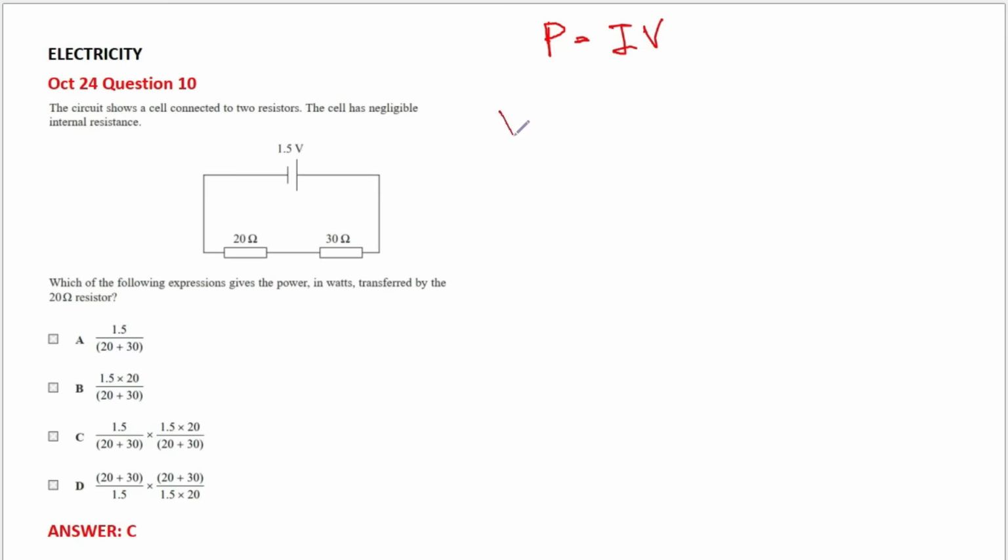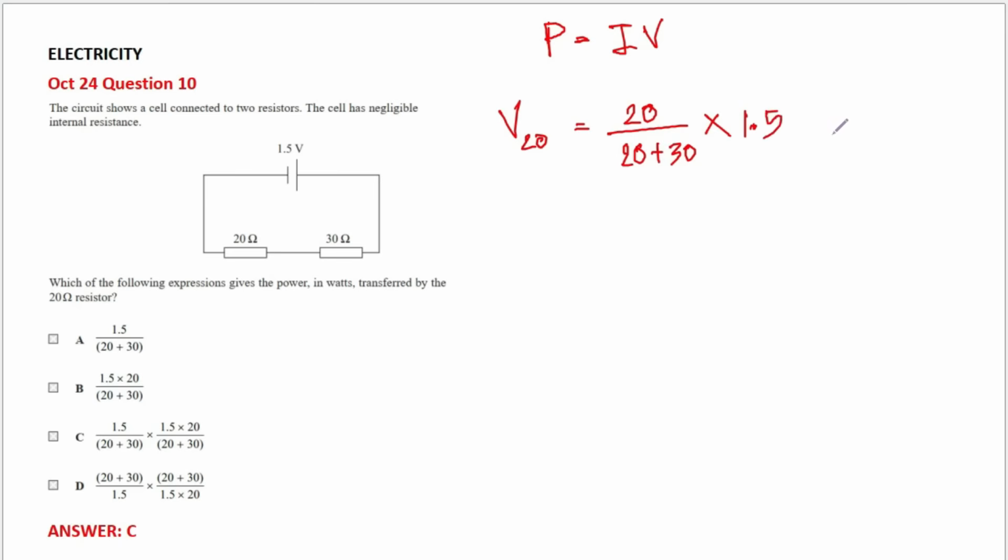So if you want to find out the potential difference across the 20 ohm resistor, the equation that you have to apply is the resistance divided by the total resistance, because the EMF will be shared according to this ratio. So that is 20 over 20 plus 30 times 1.5.